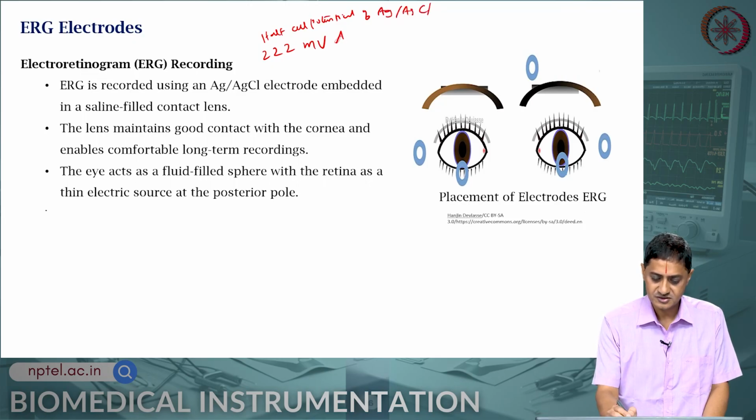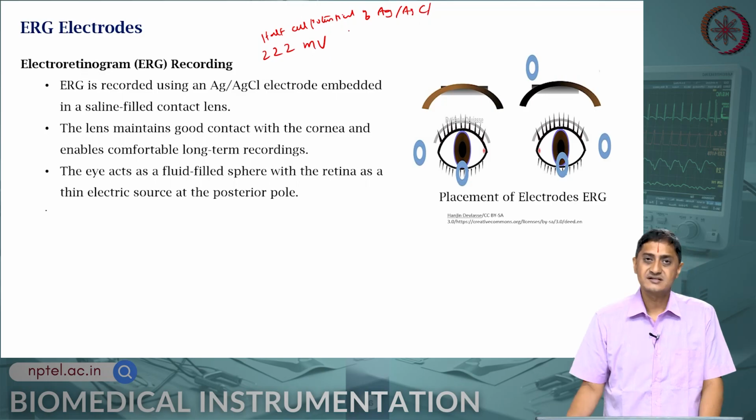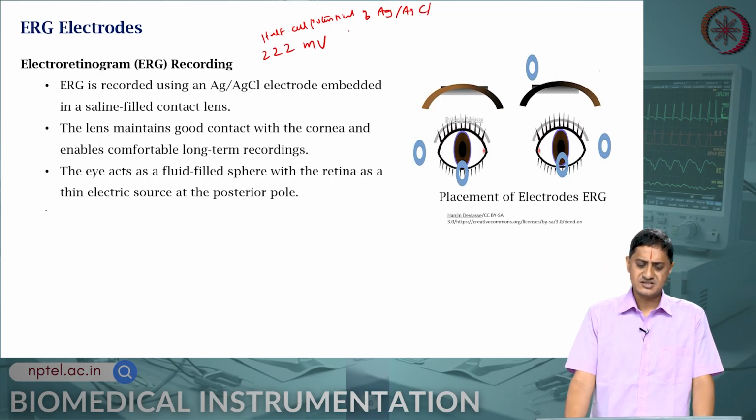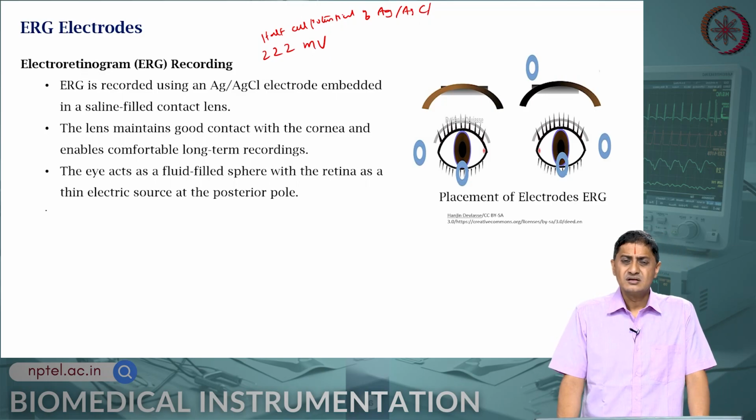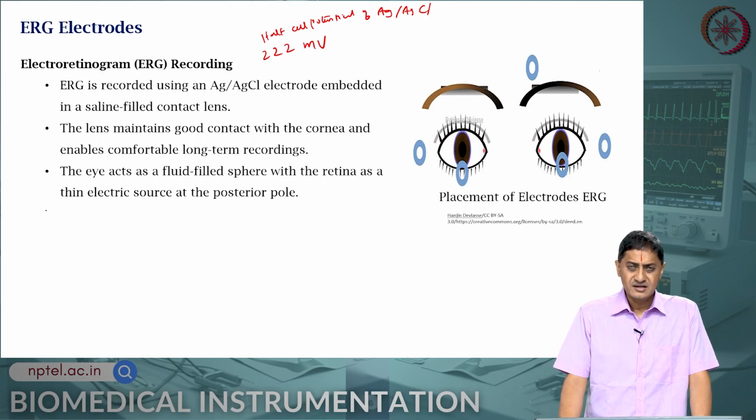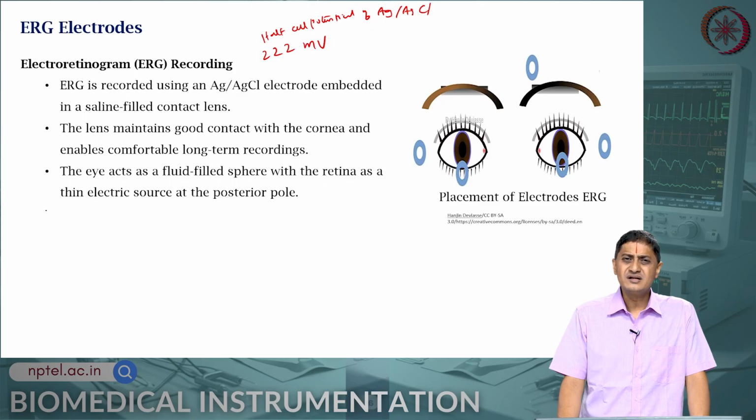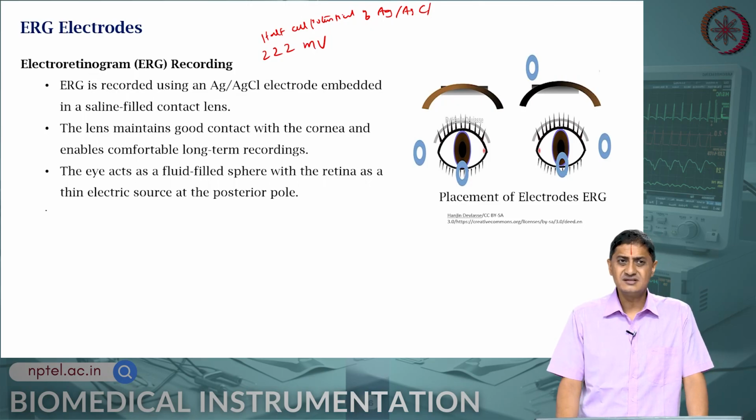Silver chloride electrode is an excellent, minimally polarizable electrode, and we can also use it in small sizes such that it can be embedded in a saline filled contact lens. That means that it can maintain good contact with the cornea, and essentially helps to provide readings for a relatively long time.